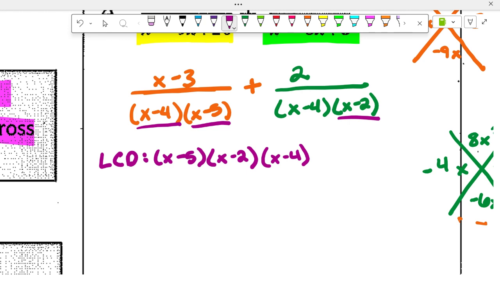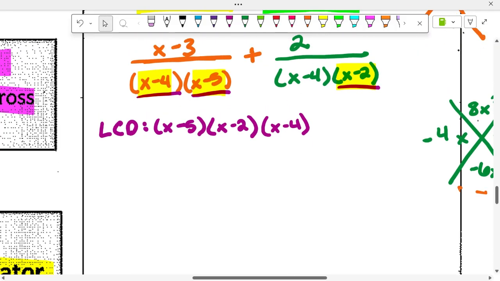So again, we take down each factor that we see in the denominators. And if one of them or a couple of them repeat, you only need to write them once. Does everyone understand how I got the LCD? Speak now, forever hold your peace.